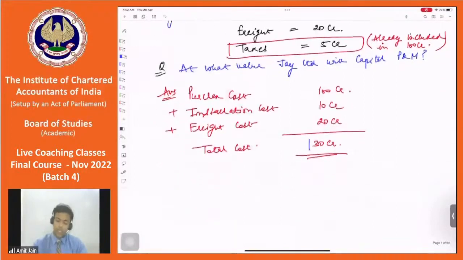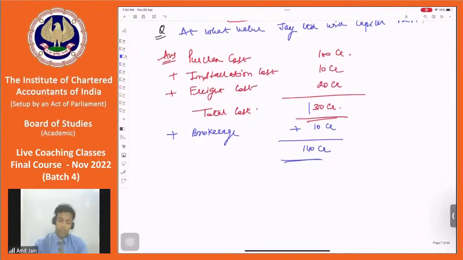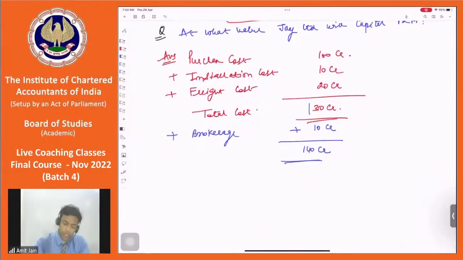Now Jay is saying capitalized. Brokerage plus 10 crores, so my total cost will be 140 crores. Right? Now, guys, can I say this cost is directly attributable cost?